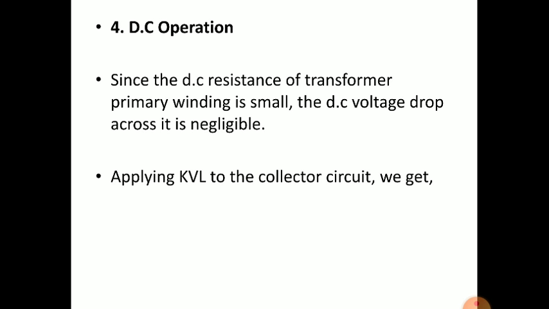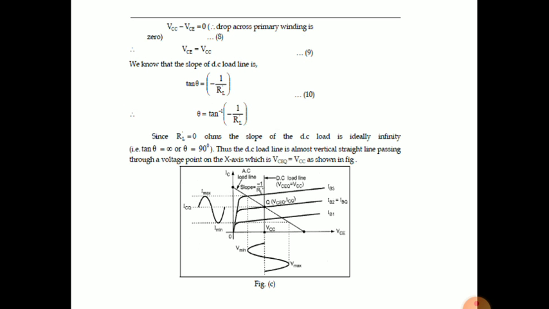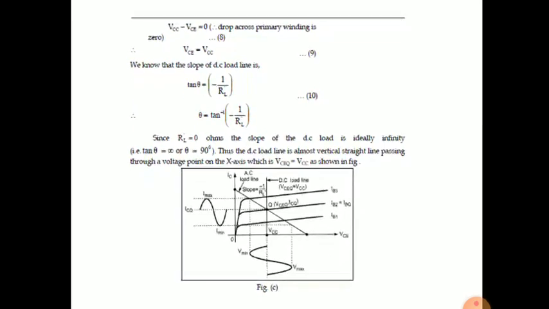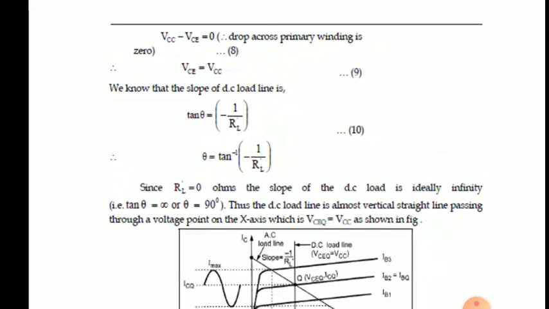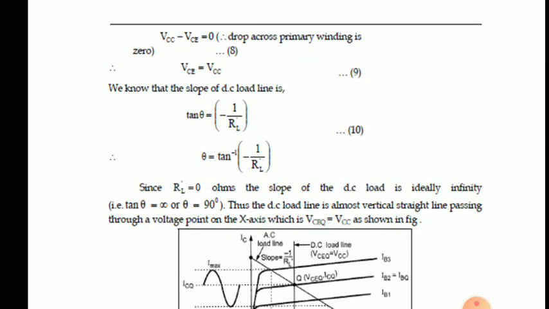Applying KVL to the collector circuit, we get VCC minus VCE is equal to 0. From the class A power amplifier with resistive load, we had VCE is equal to VCC minus IC into RL.